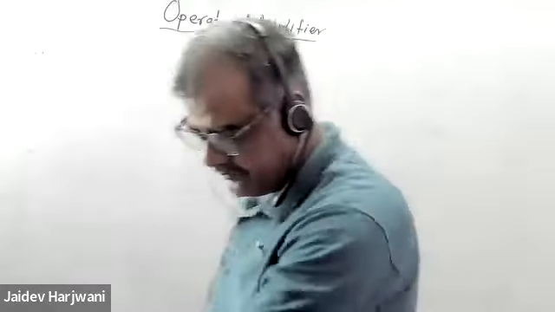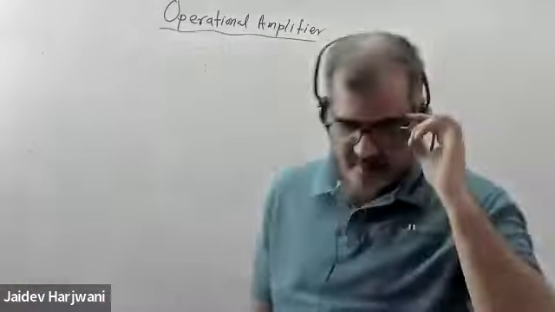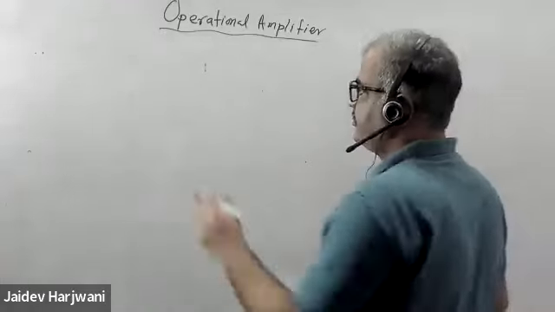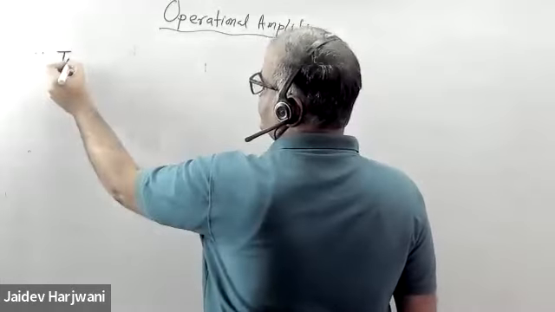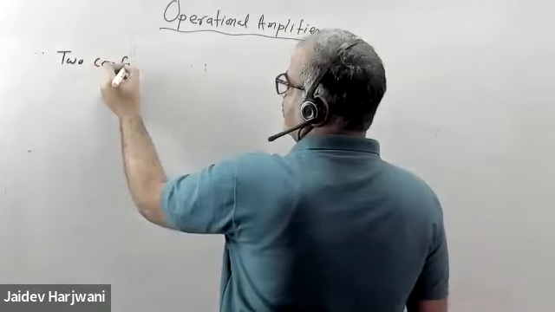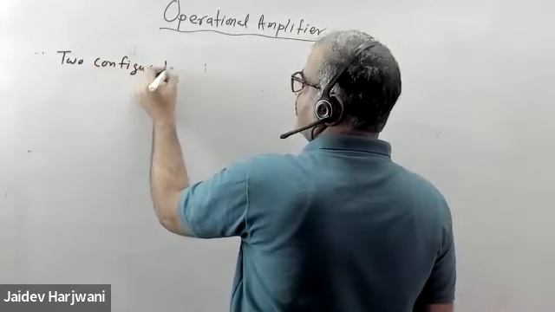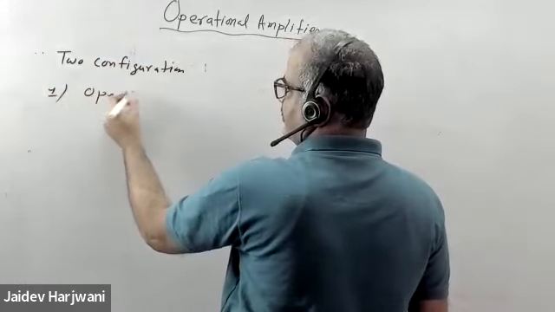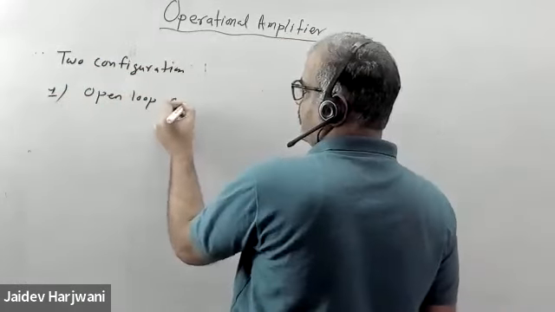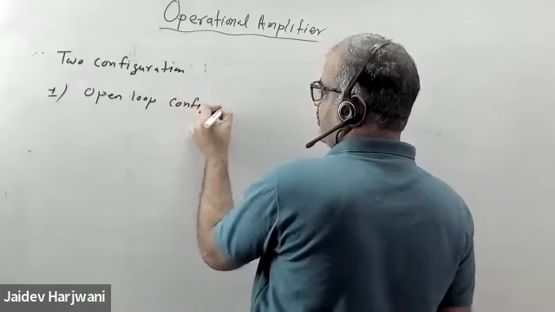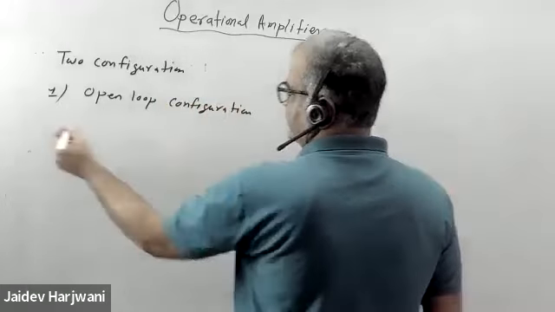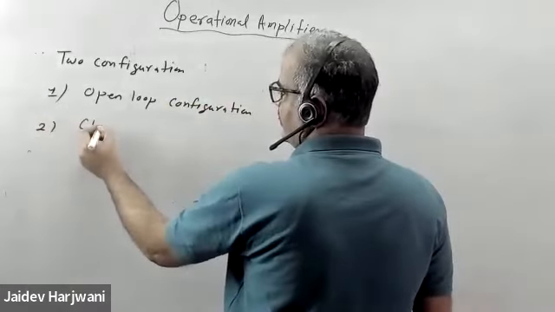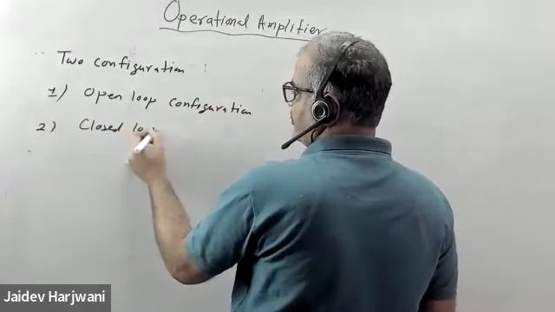Now an operational amplifier is used in two configurations. One is the open loop configuration, and the second one is the closed loop configuration.